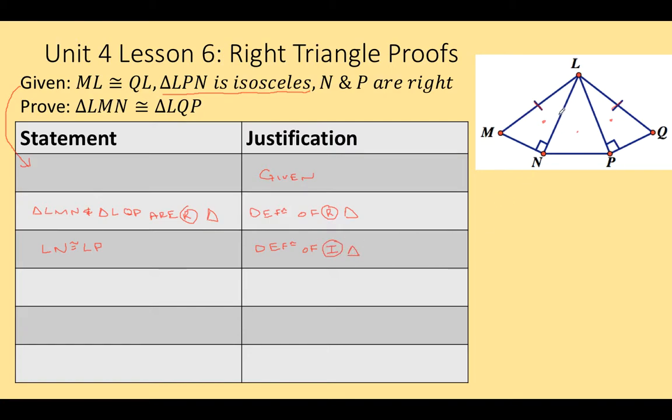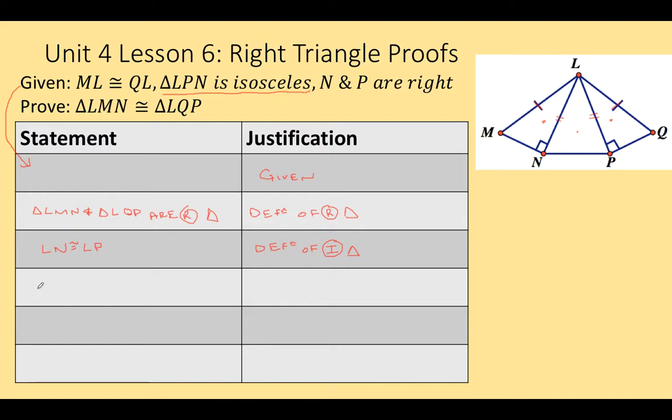Okay, the definition of isosceles triangle says that, well, you got two congruent sides, and sure enough, those are two congruent sides. And so what I'm looking at now is I've got the hypotenuse, and I've got one of the legs, and I've got the fact that they're right triangles.